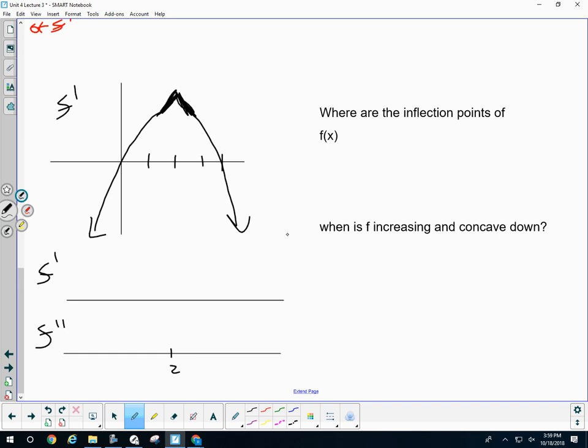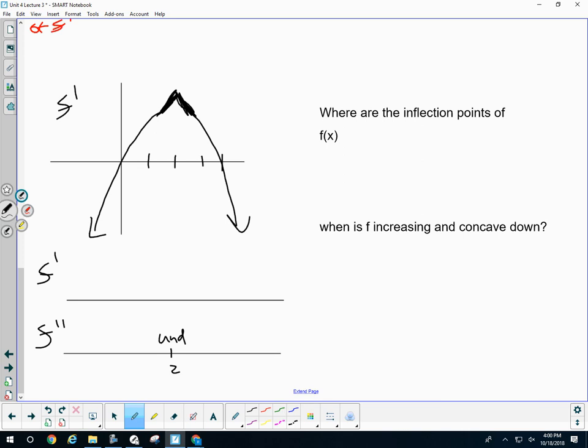Undefined. Well, when we're finding critical points, we look for when our derivative equals 0 or is undefined, right? So this is a location of what we can call a critical point for f double prime. The slope is undefined. Okay, that's fine.